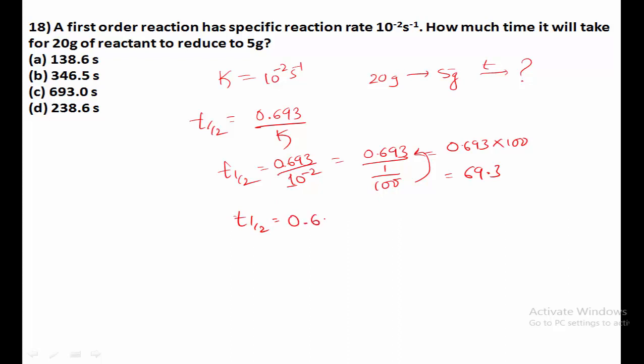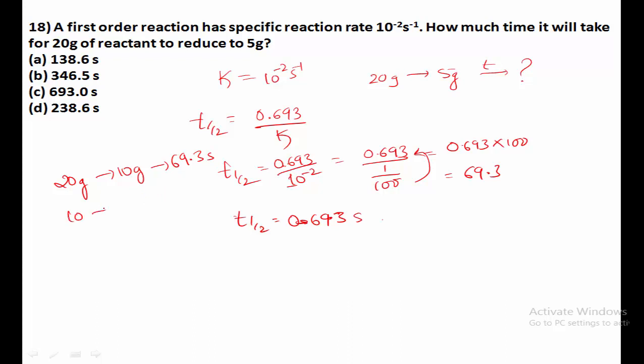T half value is 69.3 seconds. Now this is the half-life. That means to reduce from 20 gram to 10 gram, it will take 69.3 seconds.